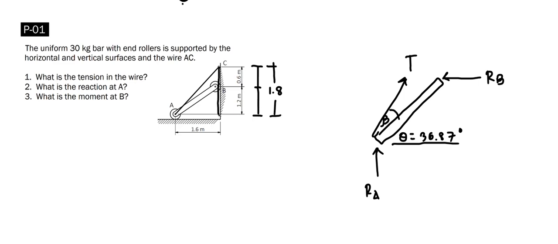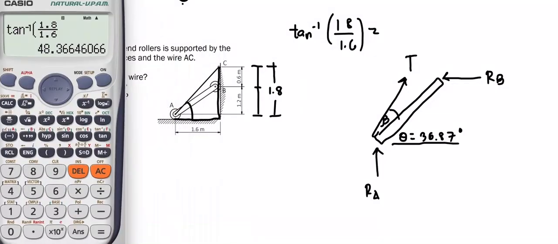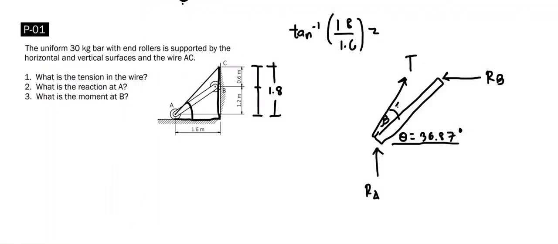So considering this right triangle with an opposite side of 1.8 and an adjacent side of 1.6, the total angle is equal to the arctangent of 1.8 over 1.6, which is 48.36 degrees. And to get this angle beta, we subtract the angle between the horizontal distance and the rod. So minus 36.87, that is equal to 11.49 degrees or 11.5. That is this angle here.